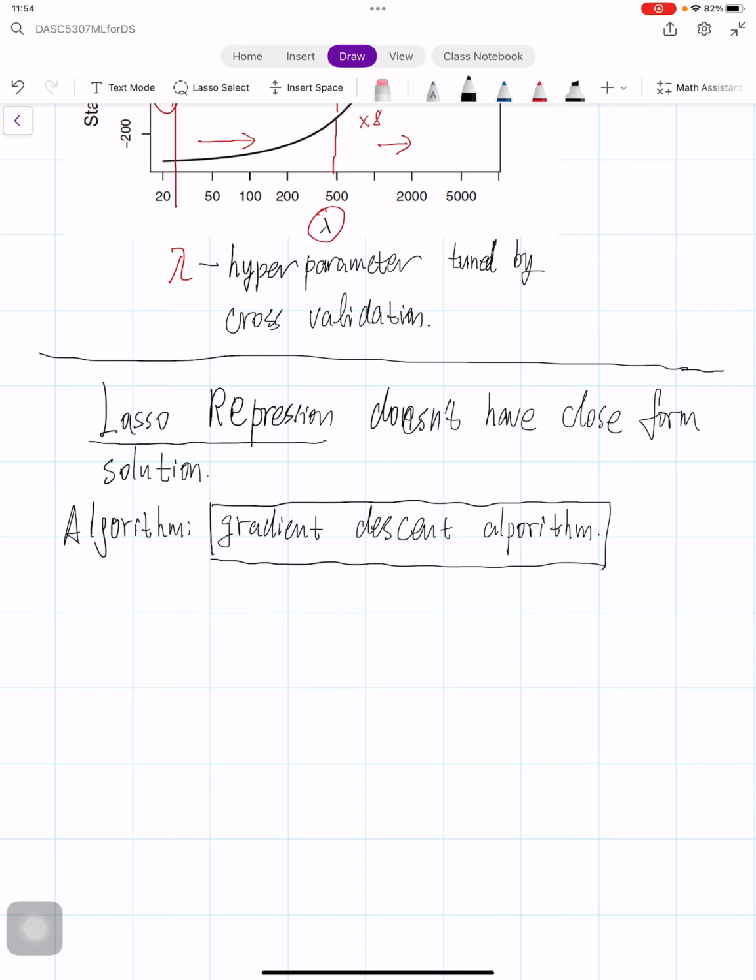Another important note: when you apply ridge or lasso regression, you should always normalize the features first.